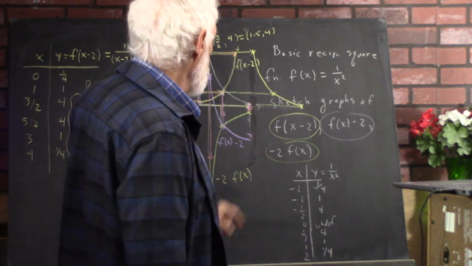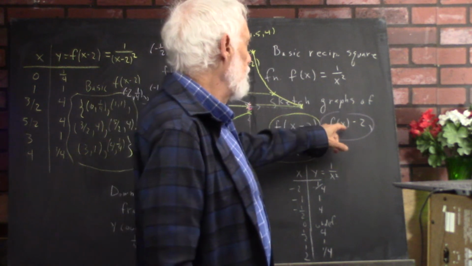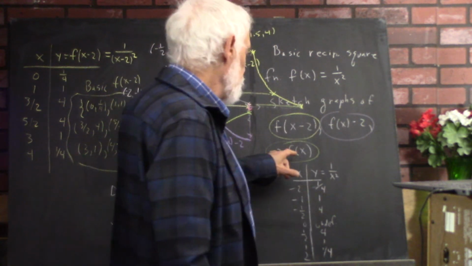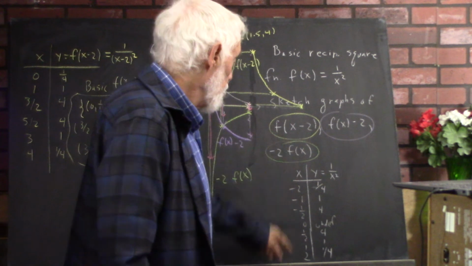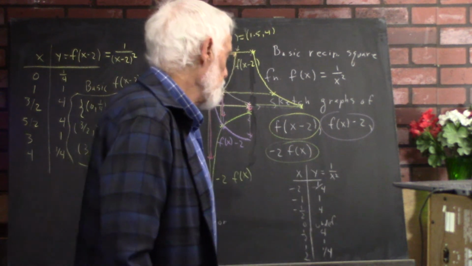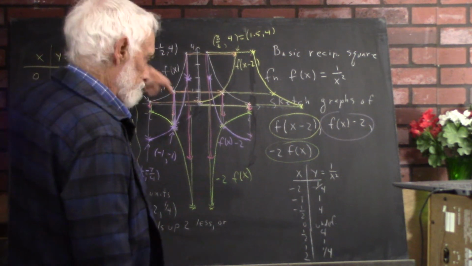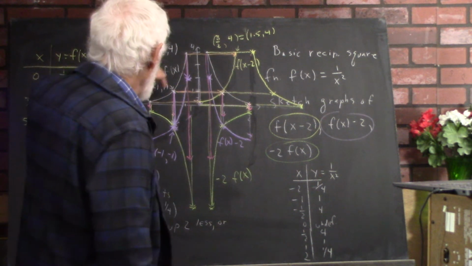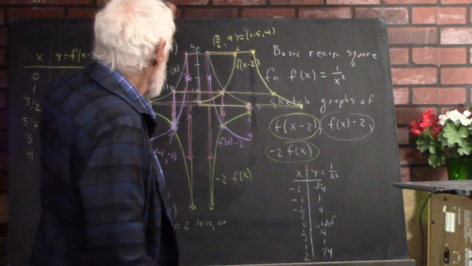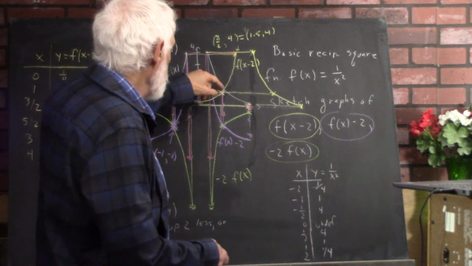We sketched graphs of f of x minus 2, and negative 2 f of x, based on the values of the basic reciprocal square function. Those values are graphed at the white x's. Well, that's not an x up there, but the white dots are x's.